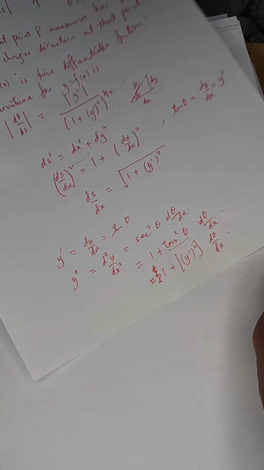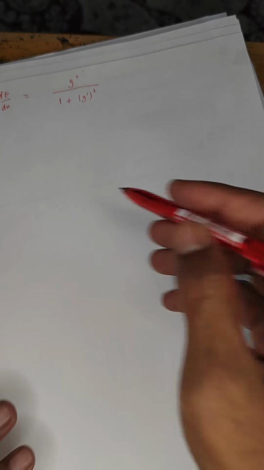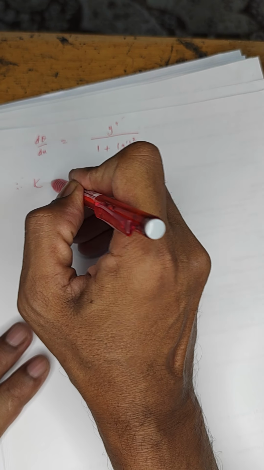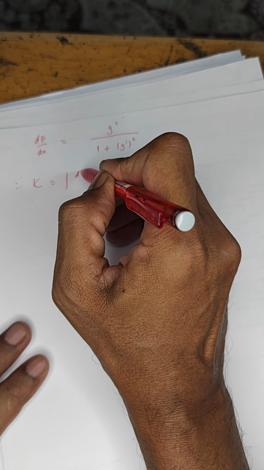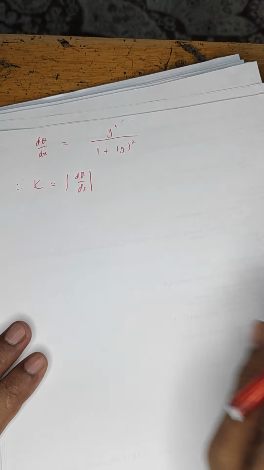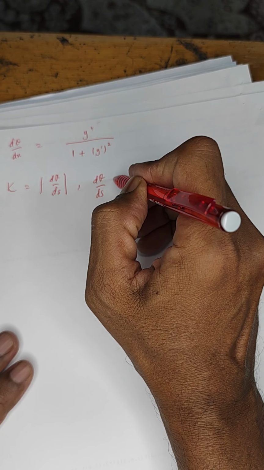So we want to find d theta ds here. By definition, we have our kappa, which is d theta ds. So let's evaluate d theta ds first.